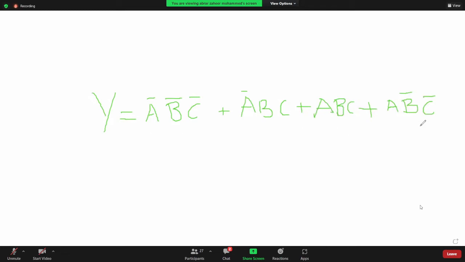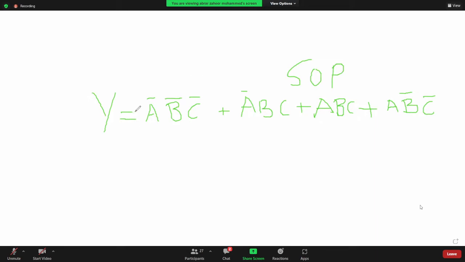So this is the equation. How to represent this equation in the form of the K-map? Do you know how we'll represent this? This equation is in the sum of products form, SOP, that is sum of products.